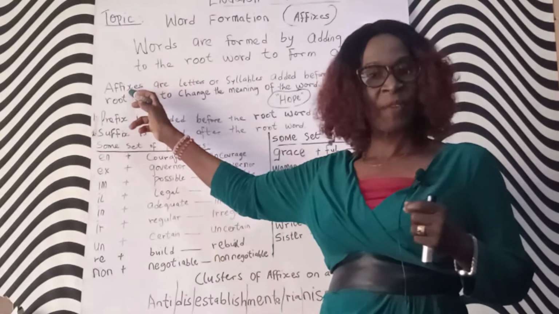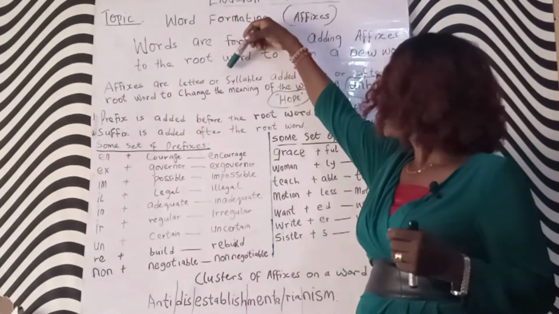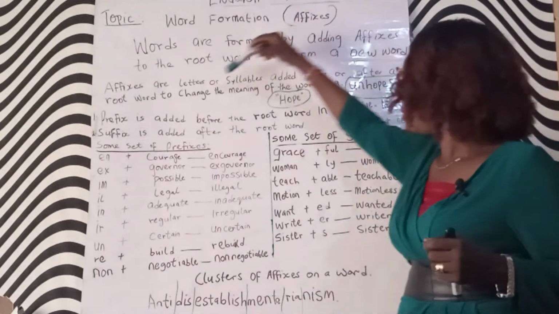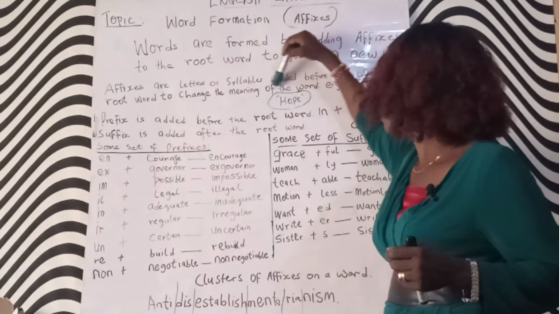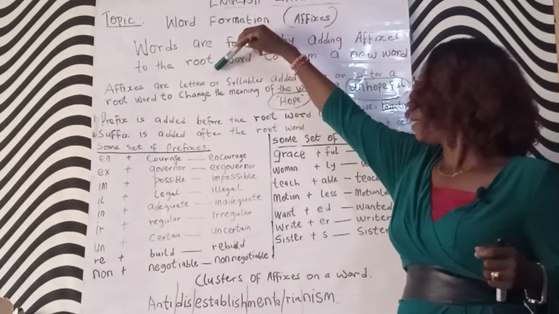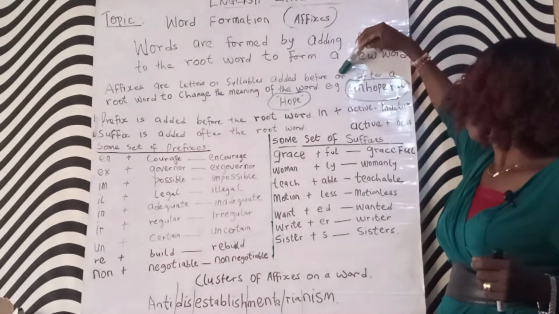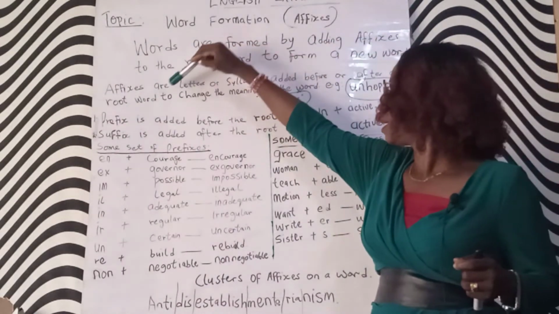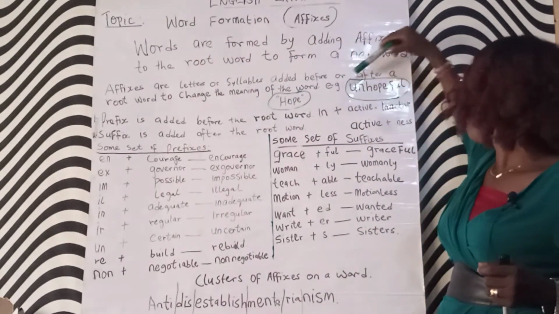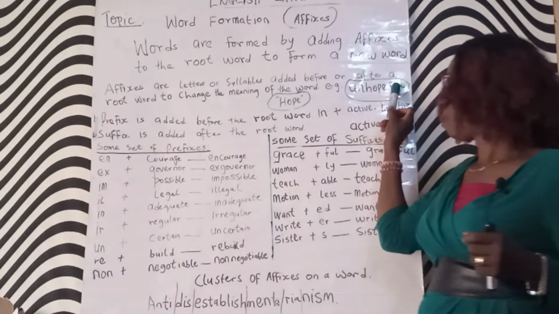So what are affixes? Affixes are letters or syllables added before or after a root word to change the meaning of the word. Example, we have unhopeful.